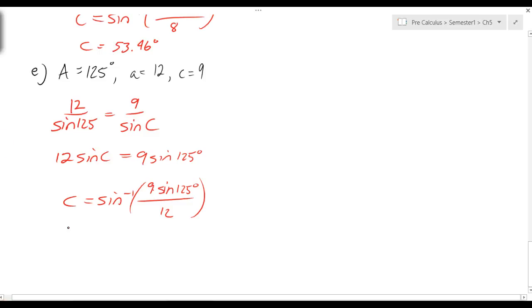So we're going to type that into the calculator and get C is equal to 37.9 degrees.